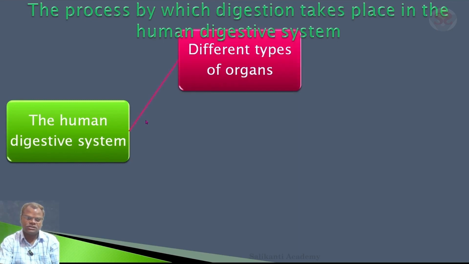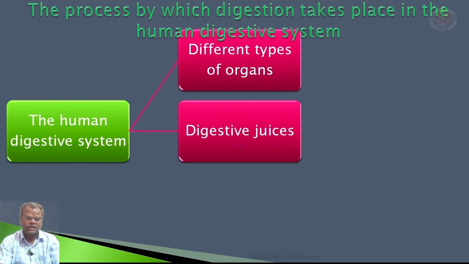First one is the different types of organs present in the human digestive system. Second one, digestive juices present in the human digestive system. Third one, which enzymes are present in the digestive system.